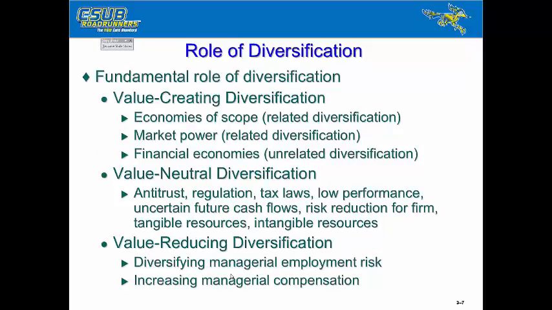So there's three different kinds of things that can happen when you're diversifying or going into different lines of business as a corporate strategy. One is value creating diversification. So this is economies of scope, like we talked about, where you have a competency at doing marketing well, and you could market other products well too.